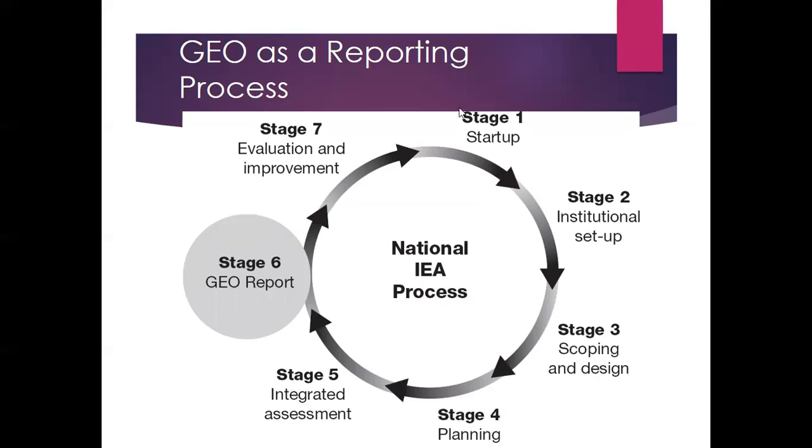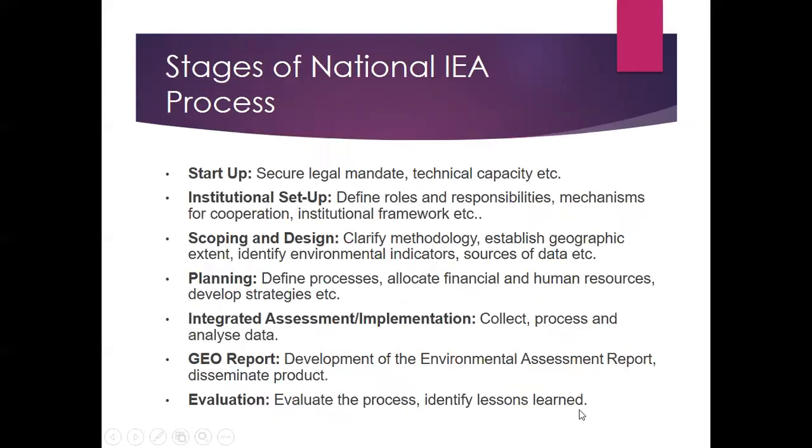And then again, this cycle keeps repeating, because for example, if you look at the global GEO report, we find it's something that happens cyclically. So therefore it's part of a process. It doesn't come to a finite end because it must be ongoing. Okay, so this is important for you to know.